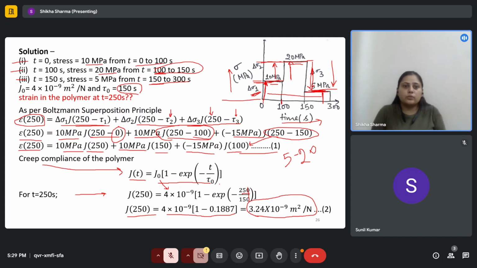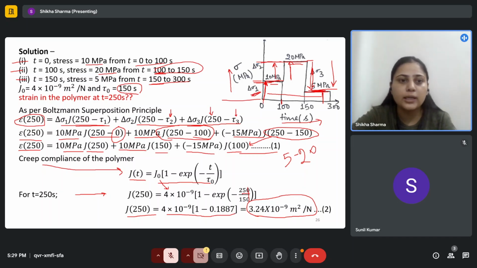For this, we applied the Boltzmann superposition principle, taking the different stress values applied at different times.